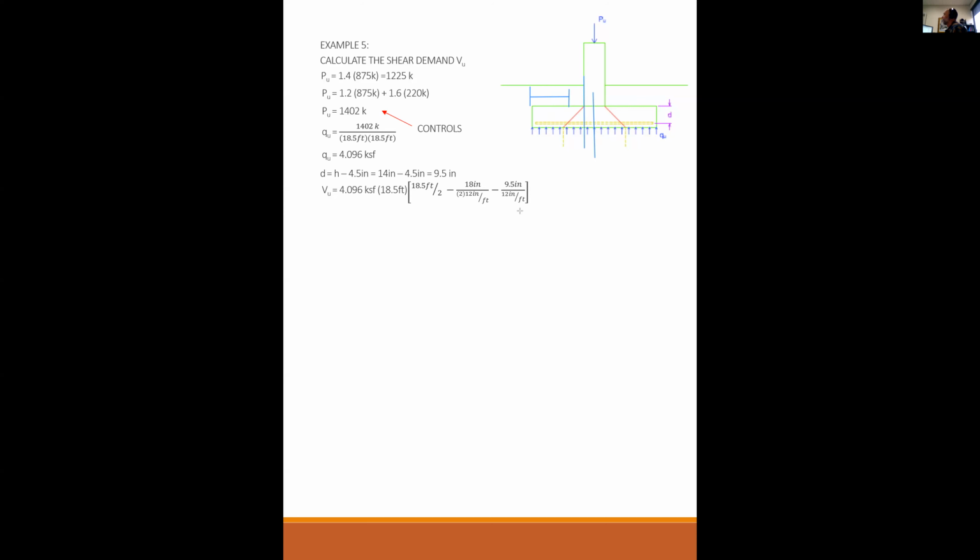So minus 9.5 over 12 is D, and that all gets me 584.2 kips. So all of this pressure out here times the width of the footing is 584.2 kips. Everybody following this? Any questions on this?